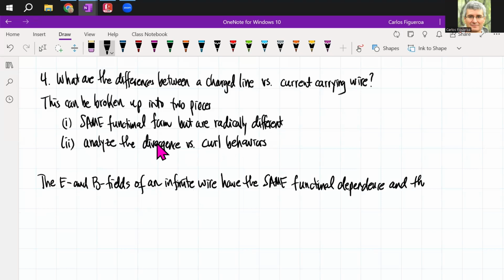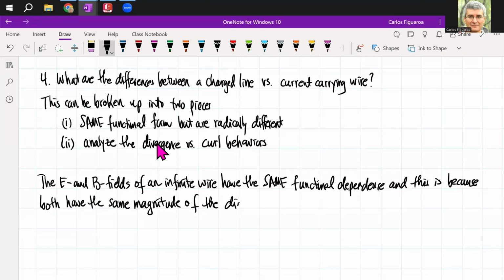And this is because both have the same magnitude of the displacement.